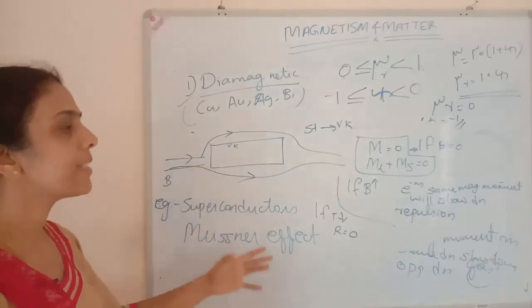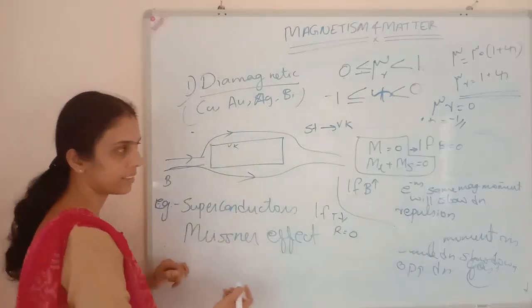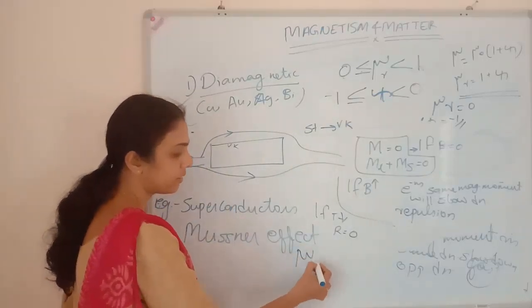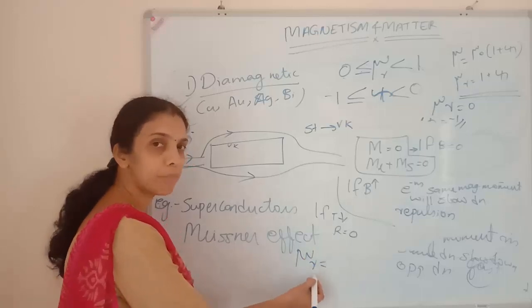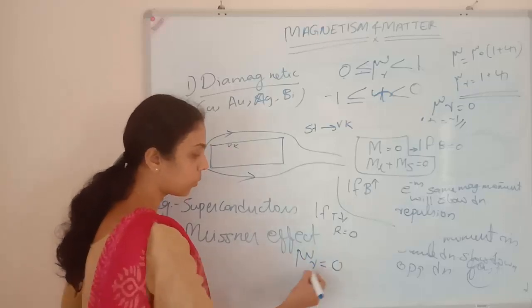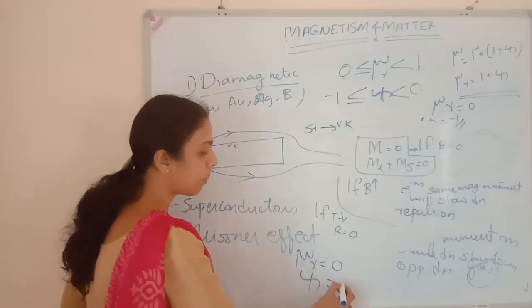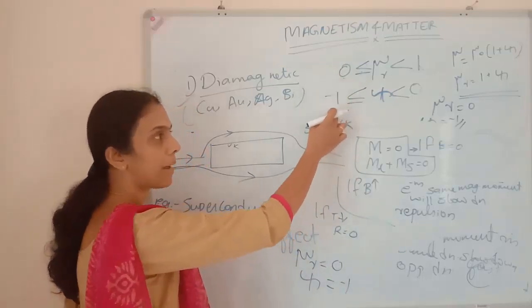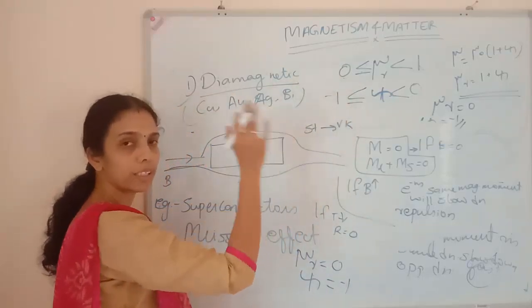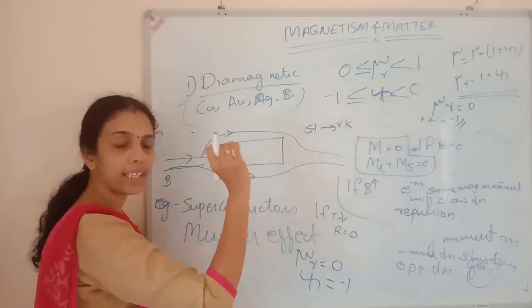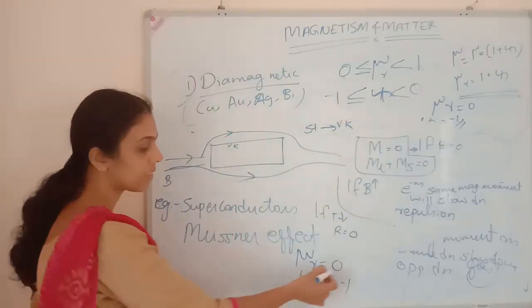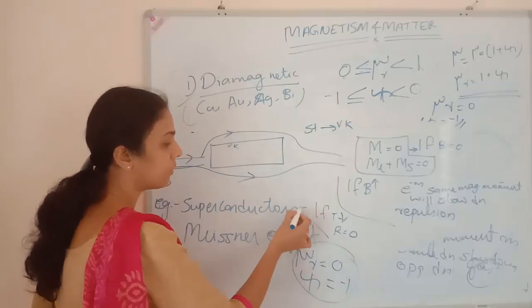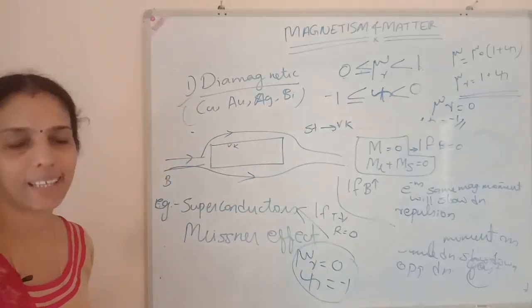In the case of superconductors, the relative magnetic permeability mu r is equal to 0 and chi will be equal to -1. These are the maximum values: mu r can reach down to 0 and chi can reach down to -1. So these are the maximum values applicable for a superconductor.